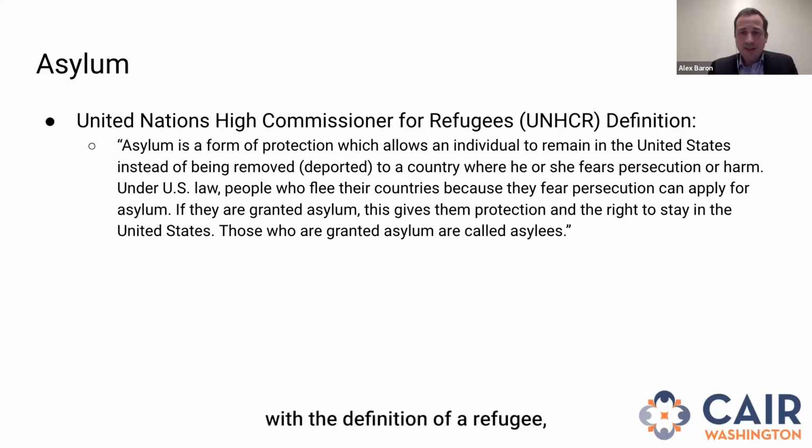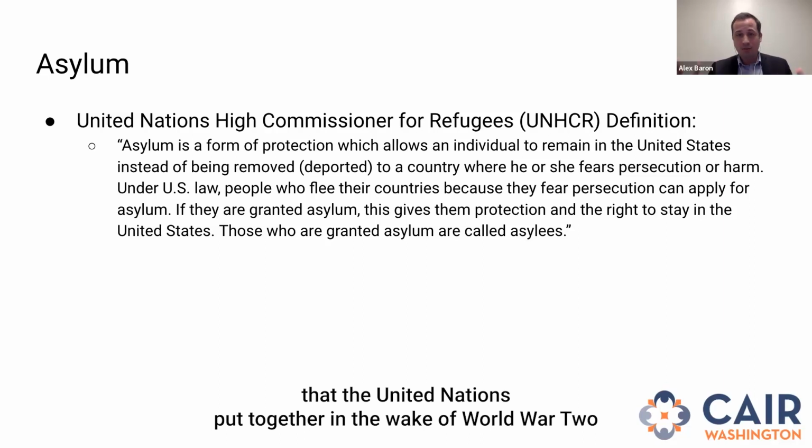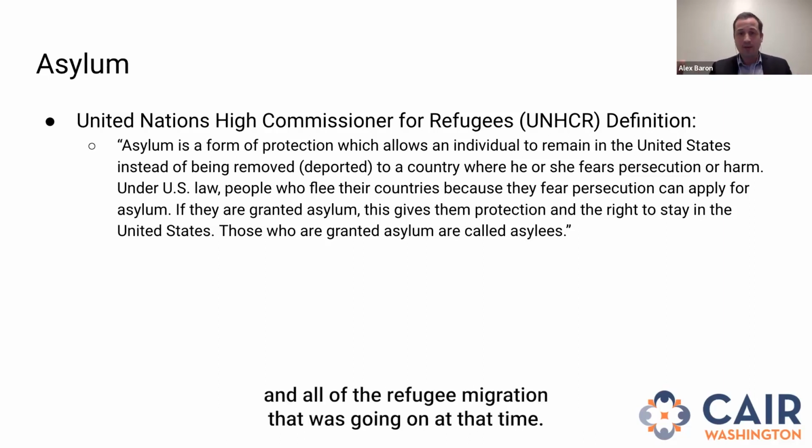So we'll start with the definition of a refugee, which is, for our purposes, the same as an asylee. This definition comes out of a treaty that the United Nations put together in the wake of World War II and all of the refugee migration that was going on at that time.